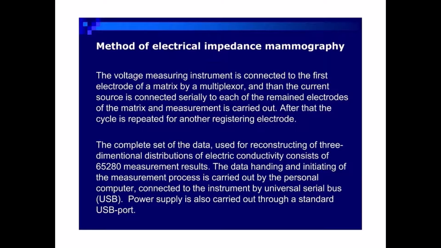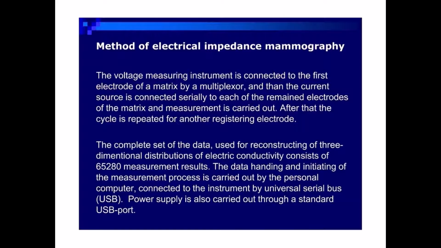The voltage measuring instrument is connected to the first electrode of the matrix by a multiplexer, and then the current source is connected serially to each of the remaining electrodes of the matrix and measurement is carried out. After that, the cycle is repeated for another registering electrode.